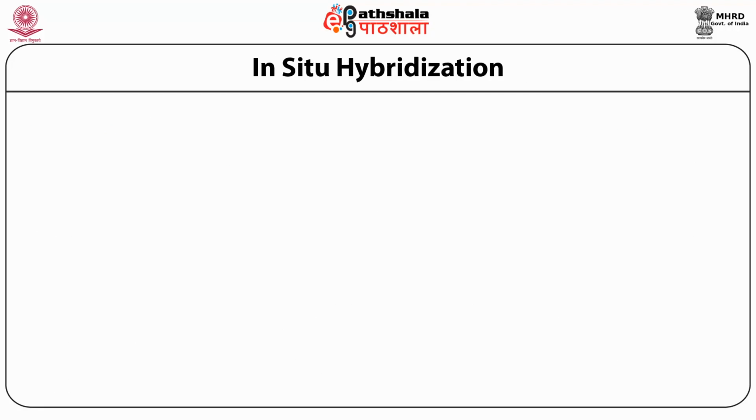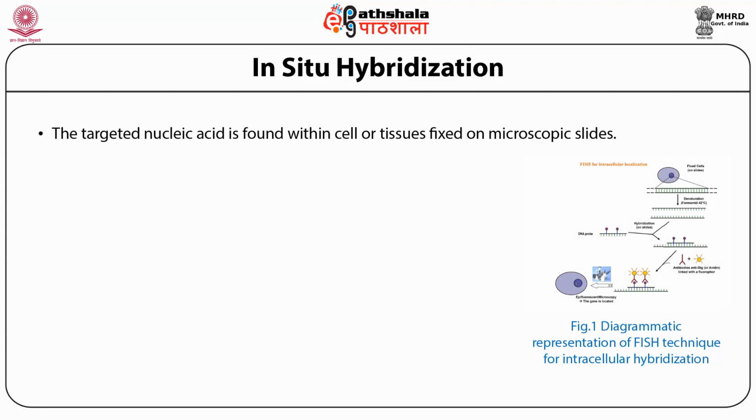In situ hybridization. This involves hybridization in the cell itself. So the target nucleic acid is found within the cell or the tissue fixed onto microscopic slides. Thus, this method will indicate the intracellular localization of a gene expression in a cell.